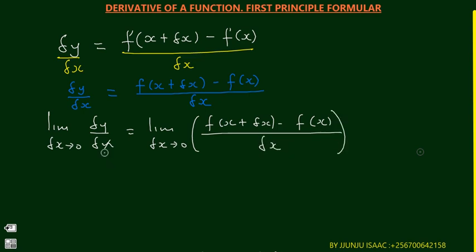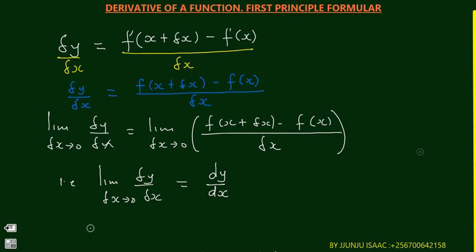Now, if this limit exists, this is what we call the derivative of y with respect to x, i.e. the limit as delta x tends to 0 for delta y over delta x is equal to the derivative of y with respect to x.